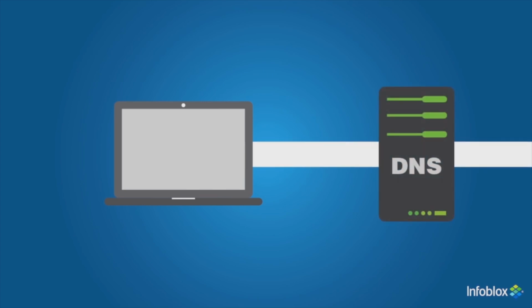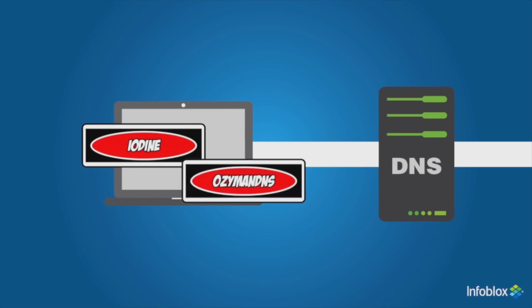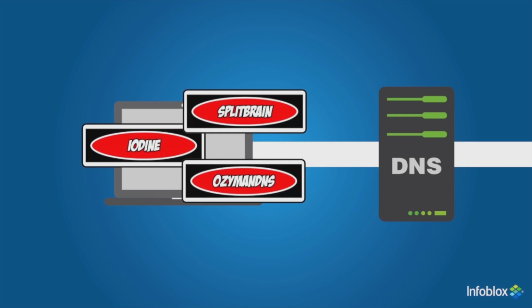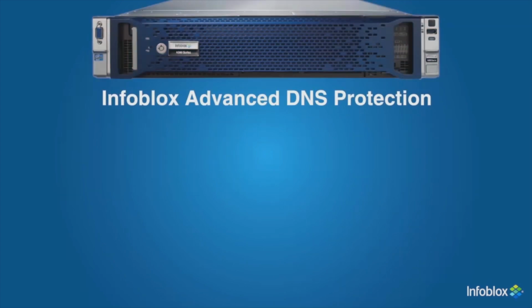Standard tunneling toolkits like Iodine, which is often considered the gold standard, Ozyman DNS, Split Brain, DNS to TCP, and TCP over DNS can also be used to tunnel data via DNS. Infoblox Advanced DNS Protection has two mitigation techniques for preventing data exfiltration via DNS.